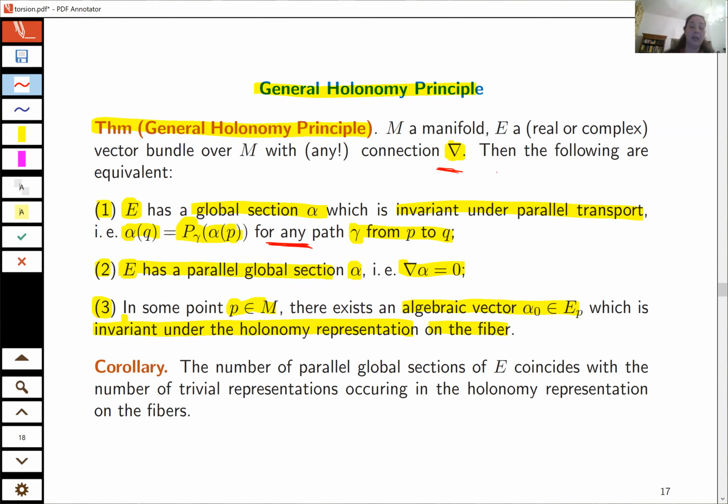Okay. In particular, I have the following easy, very easy corollary, but crucial for many applications. If you want to count the number of parallel global sections of a vector bundle, this corresponds to the number of trivial representations in the holonomy representation on the fibers.